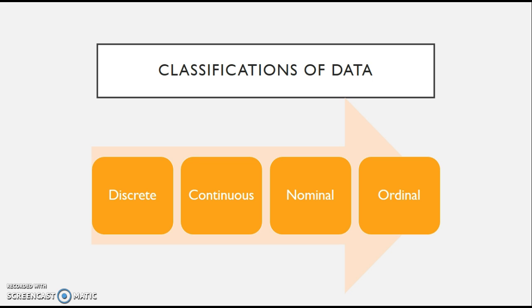The next classification is nominal, and this is where there are named classifications for mutually exclusive categories. An example of this could be gender. There is no order within the classification, and it is limited in descriptive ability.